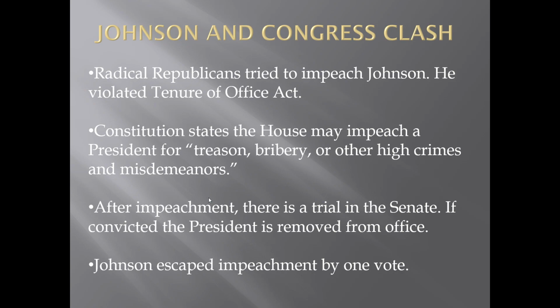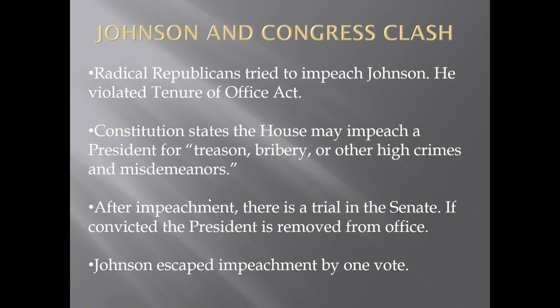And it gets to the point where Congress decides to try and impeach Johnson. He did violate the Tenure of Office Act. The Tenure of Office Act was basically a law that said the president couldn't just fire people that Congress has already approved.